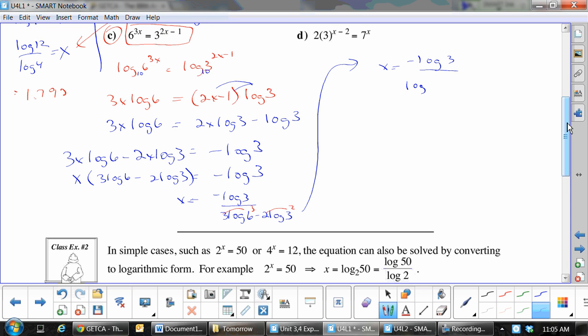Could I do this? Log 6 to the 3 over 2 to the 3.